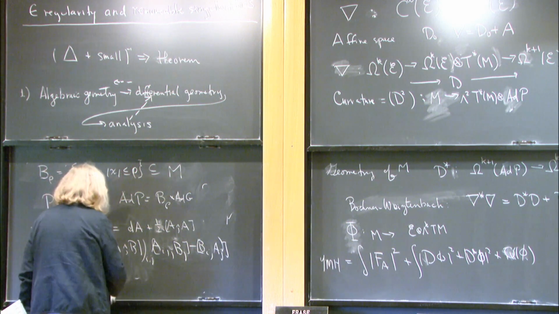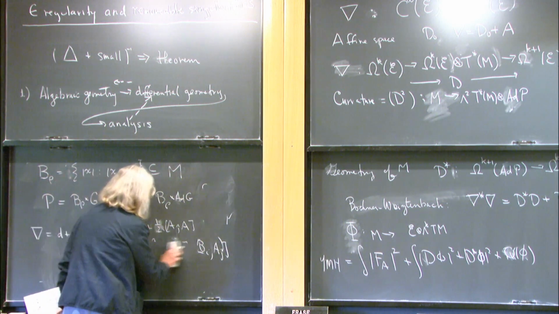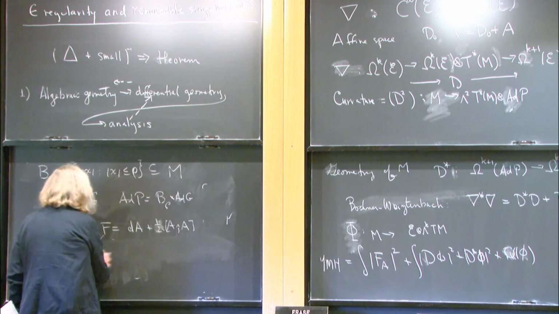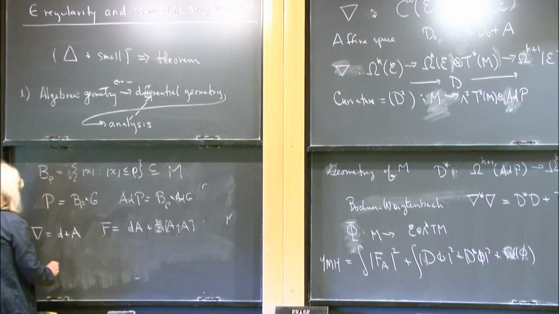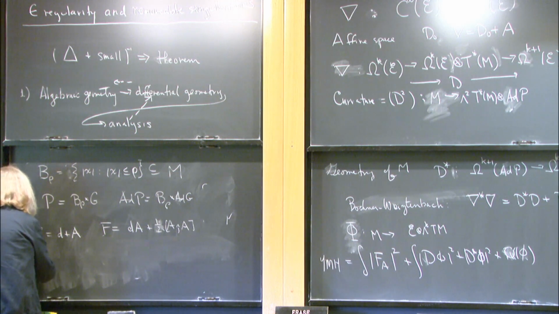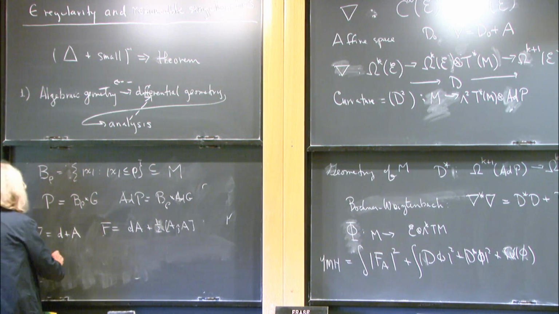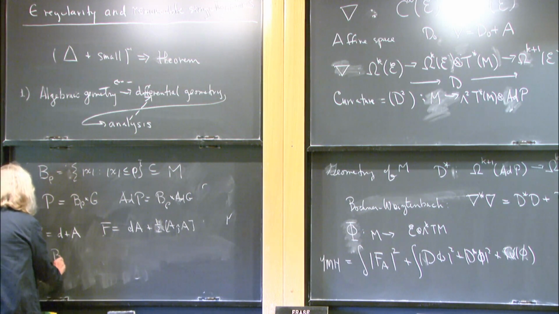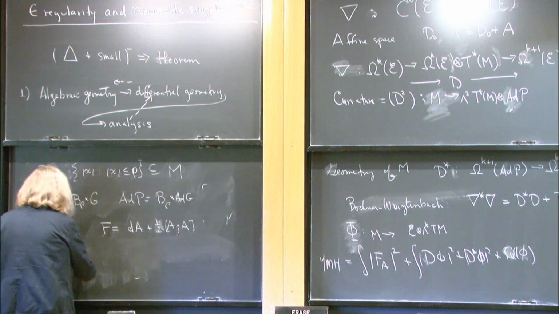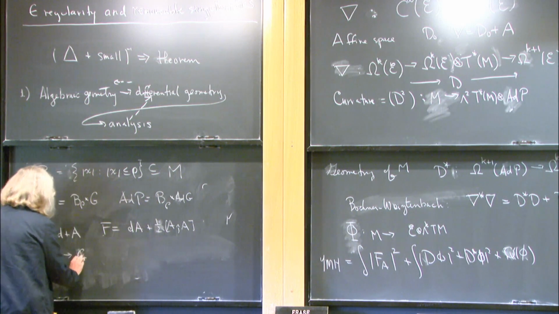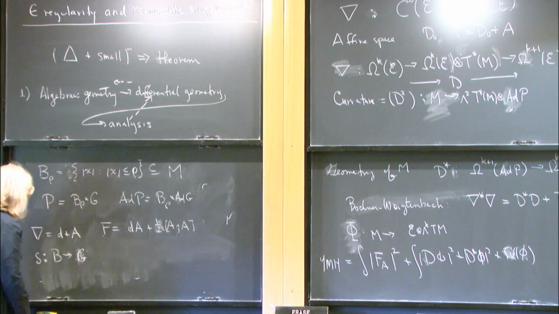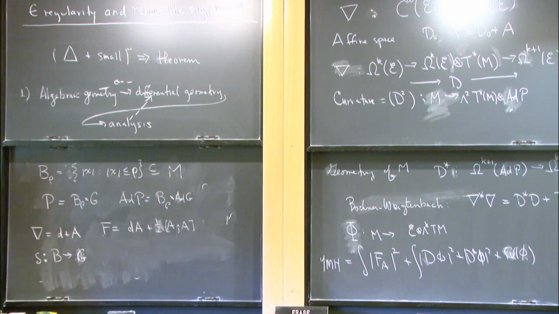So in case you're always, that's d plus a. The gauge transformation S is simply a map from the ball into the automorphism bundle to G, right?